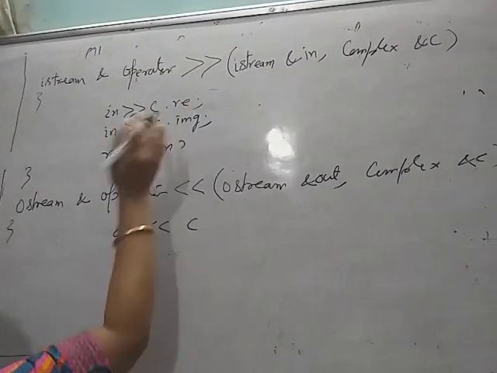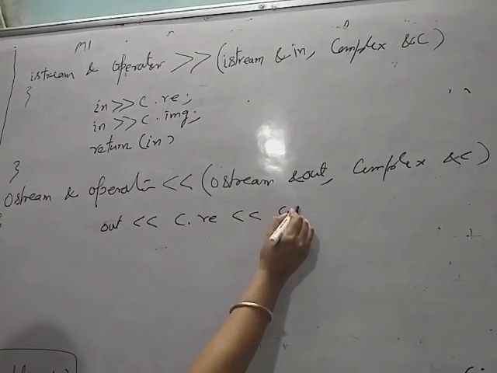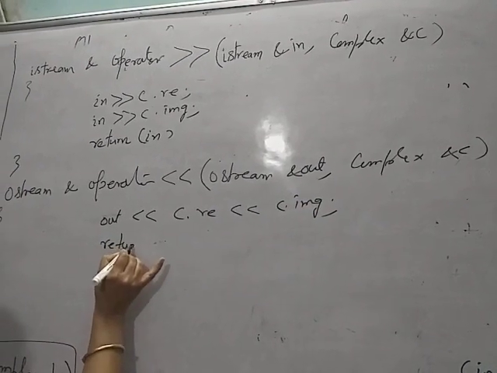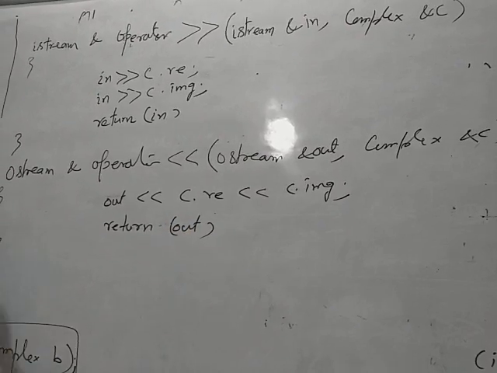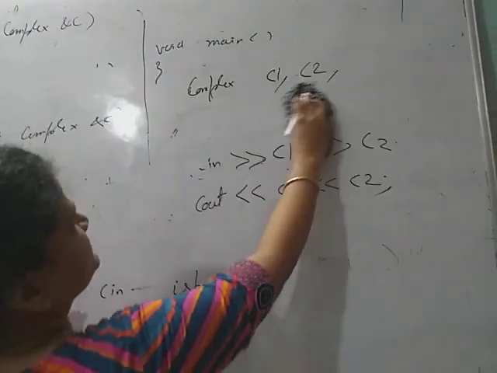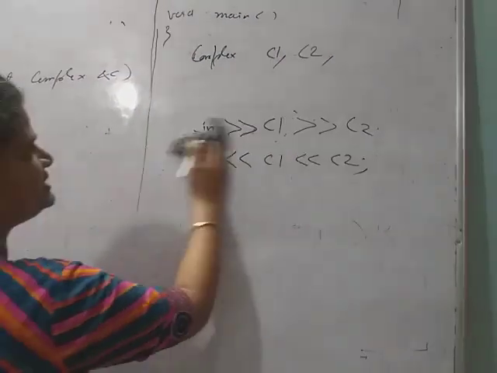Here C is passed, so out << C.real, C.imaginary, and return out. Okay, so just after this, see, instead of calling this function C1.read, very carefully see, this is a very important feature here.